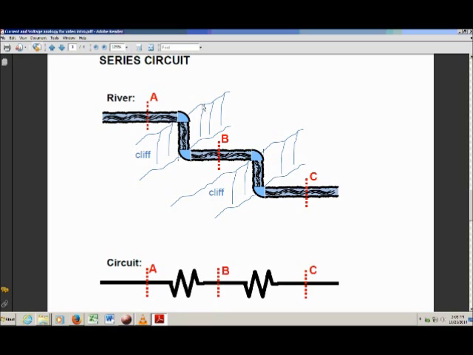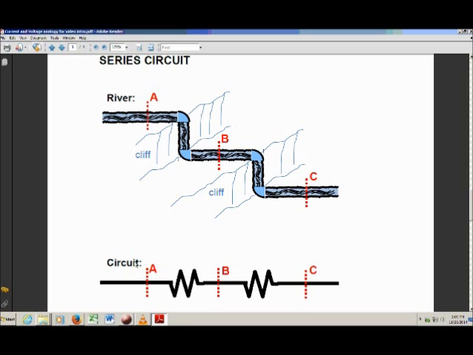So now let's talk about voltage a little bit. The gravitational potential energy of this river, the total decrease, is just going to be mgh, and what's h going to be? It's going to be the height of this cliff plus this cliff, right? The total altitude change. Likewise, in a circuit, you're going to have a drop in potential energy here, another drop in potential energy here.